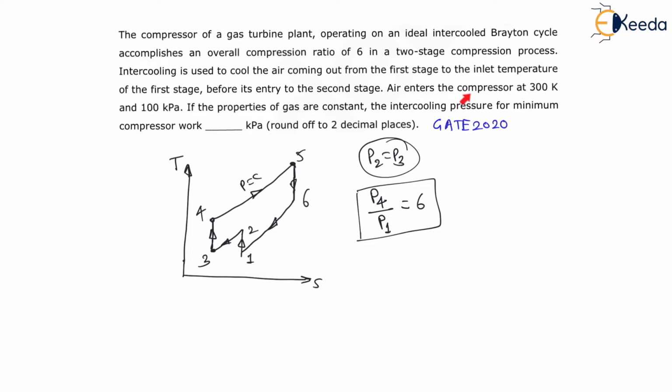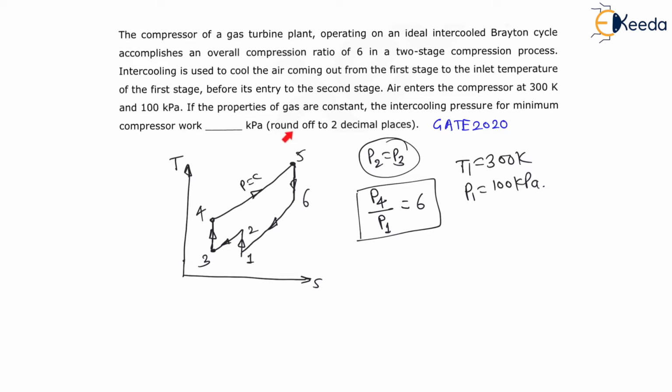Then air enters the compressor at 300 Kelvin. Entry of compressor, that is T1, is equal to 300 Kelvin and 100 kilopascal. 100 kilopascal is pressure, therefore P1 is equal to 100 kilopascal, right? This is given.